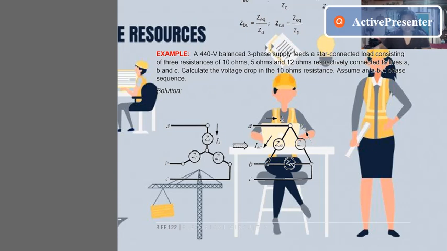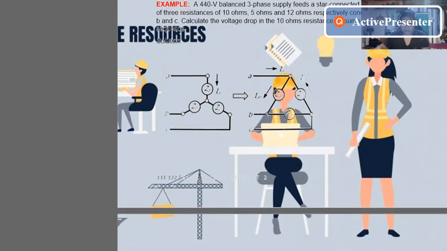Assume an ABC phase sequence. So we already know the figure. We have here our Y connection, so convert it to delta connection.